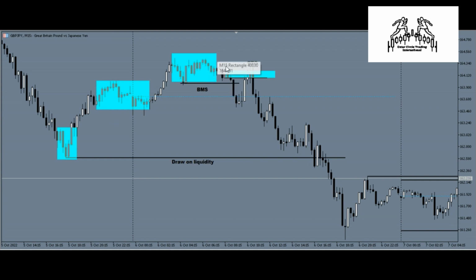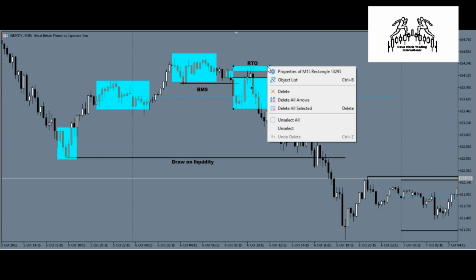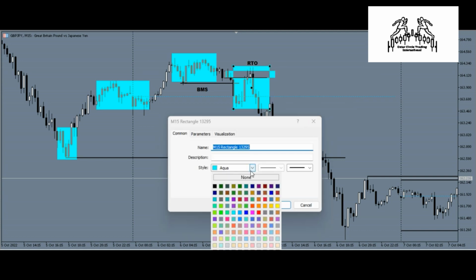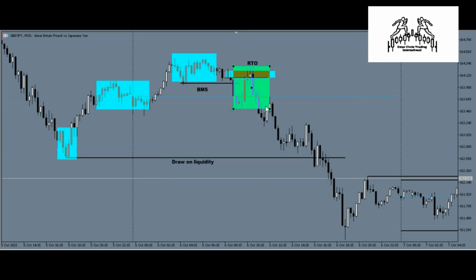While happening on distribution, there's a break in market structure. And the distribution here is where you want to take your trade. This is where you want to take a trade. And as I've told you, what time is it happening? During the London and New York kill zone.